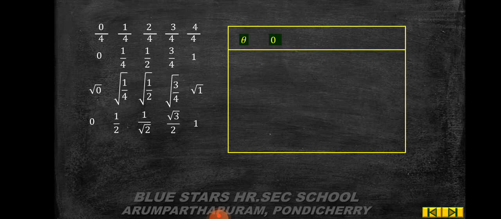Now we are writing the theta values: 0 degree, 30 degree, 45 degree, 60 degree, then 90 degree. And we are writing the trigonometric ratios sin, cos, tan.